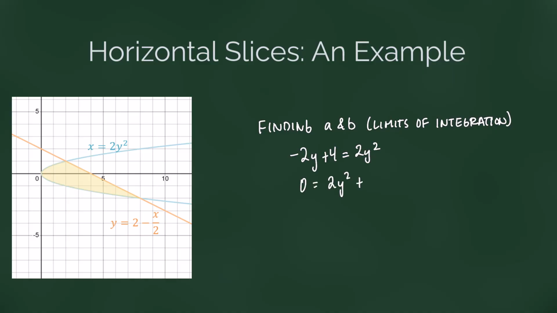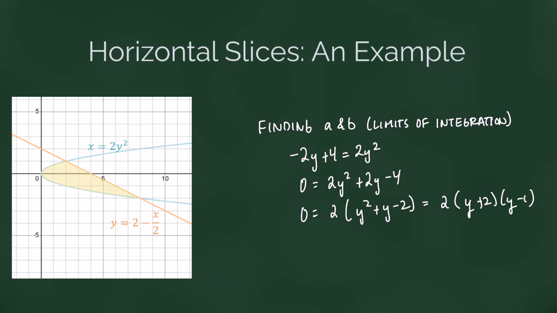So we get 0 on one side: 0 equals 2y squared plus 2y minus 4. Factoring out a 2, we get 0 equals 2 times y squared plus y minus 2, which factors as 2 times y plus 2 times y minus 1, giving us y equals negative 2 and y equals 1 as our limits of integration.